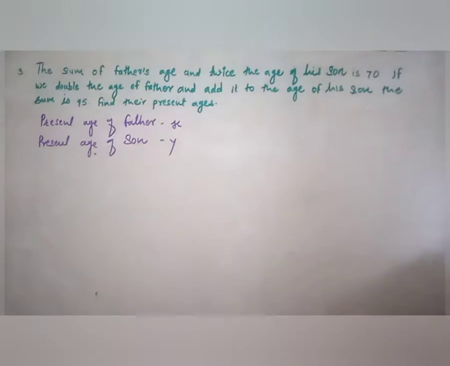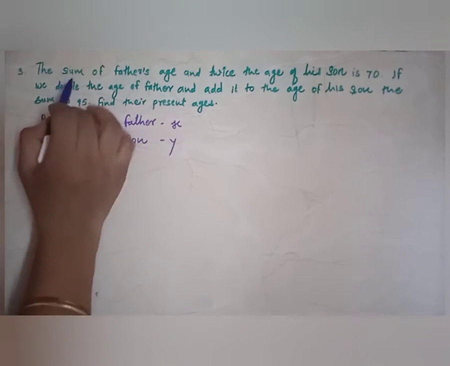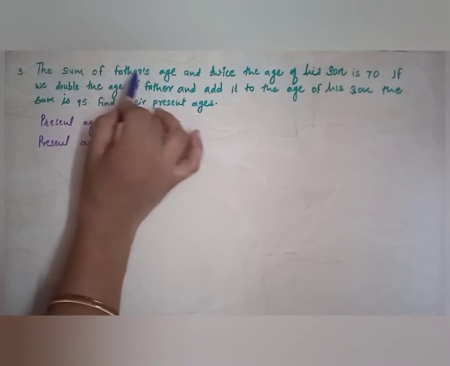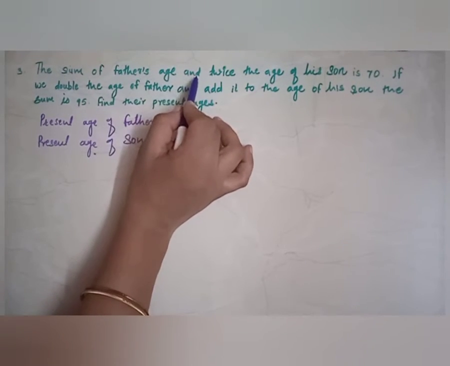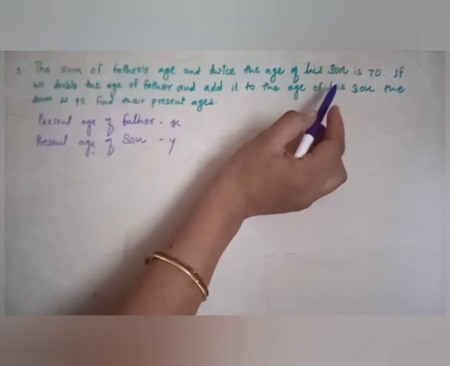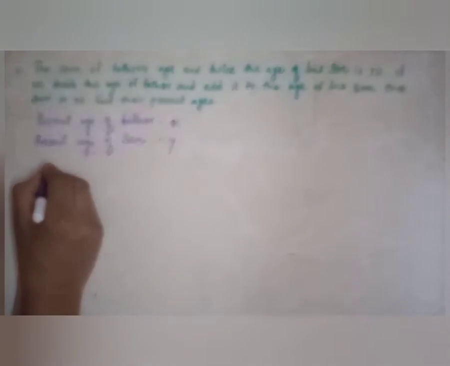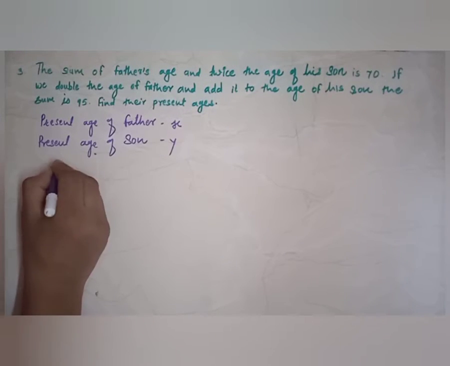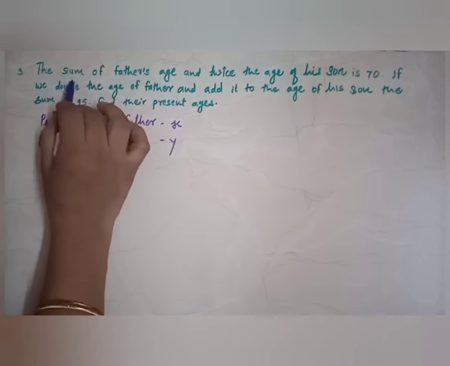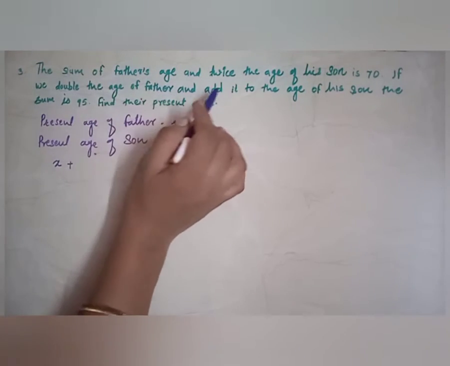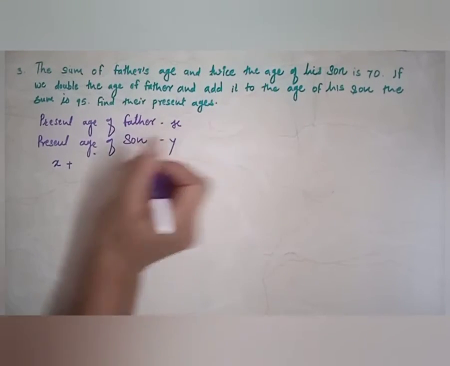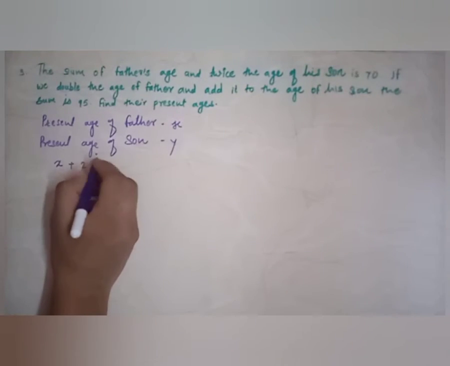So take down the first condition. The condition is the sum of the father's age and twice the age of his son. Father's age is x, and twice the age of his son means 2 times y, means 2y.